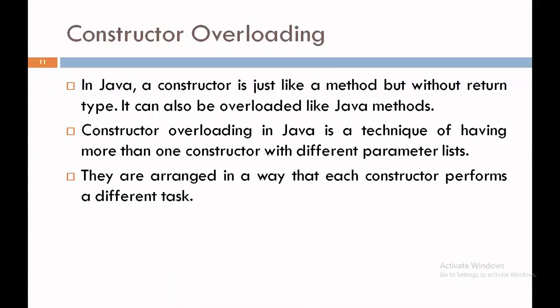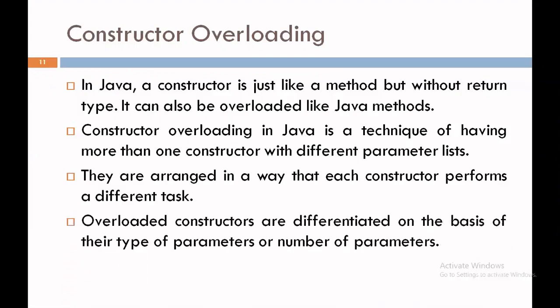The constructors are arranged in a way that each constructor performs a particular task. Constructor overloading is differentiated on the basis of the type of parameters or the number of parameters.